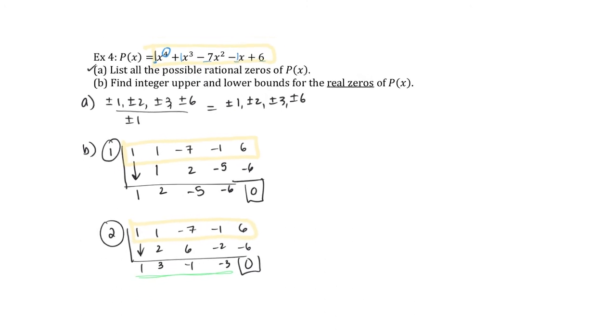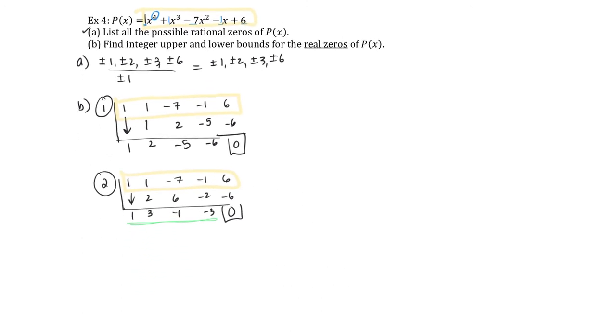So keep going. Let's try another one. The next bigger number is 3. 1, 1, negative 7, just copying those down, bring down our 1, and then we start our process to multiply: 3 times 1, and add; 3 times 4, and add; 3 times 5, and add; 3 times negative 14, that's negative 42, and then add.